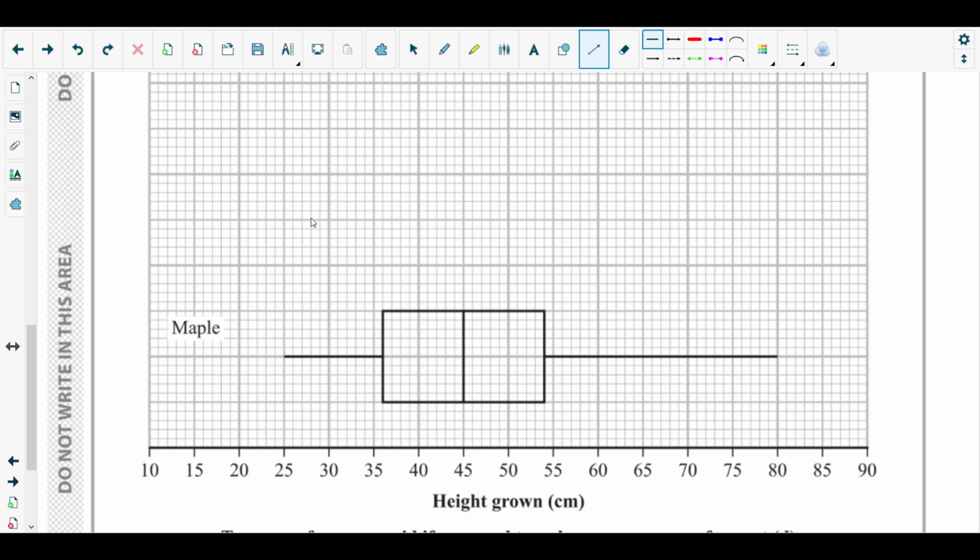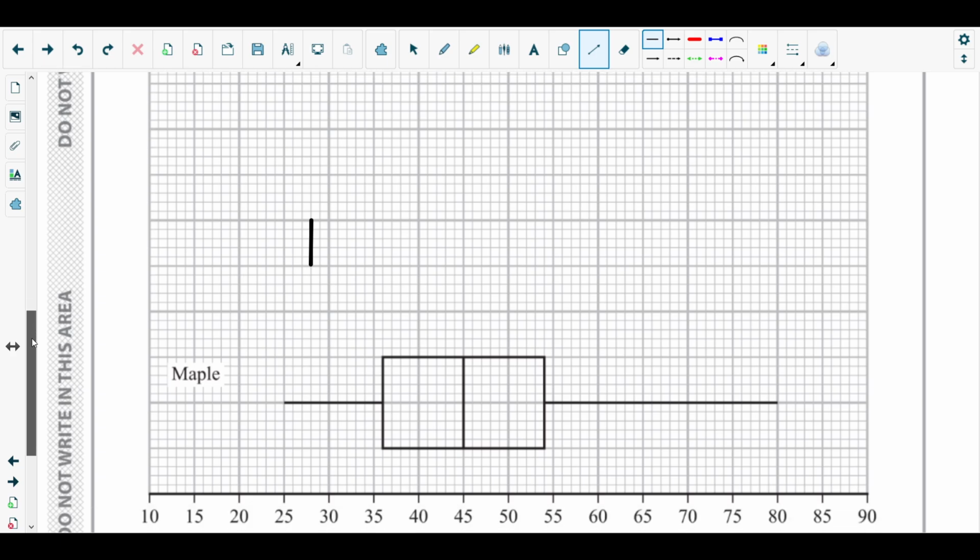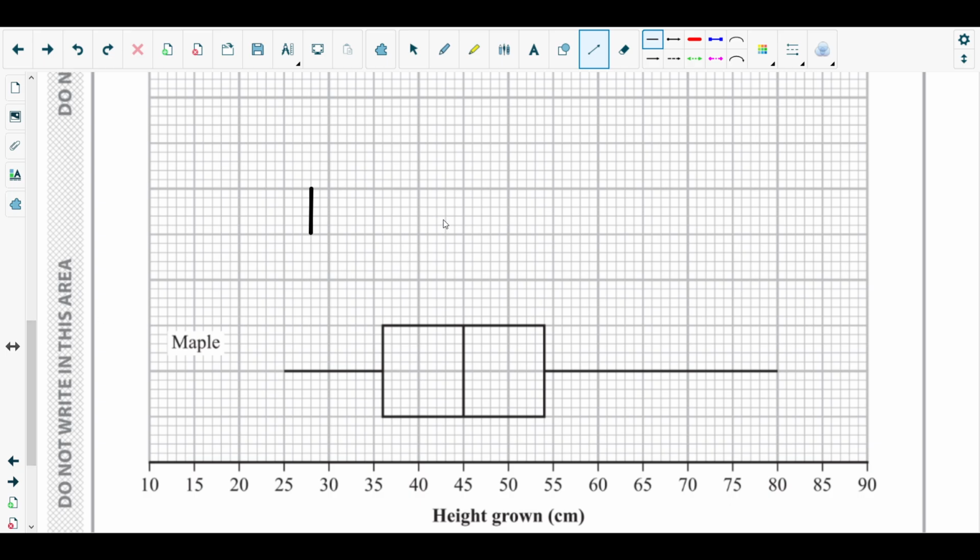Then from 28, the Q1. Q1 was 39, right? So it will go to 39 next. So this is 39.